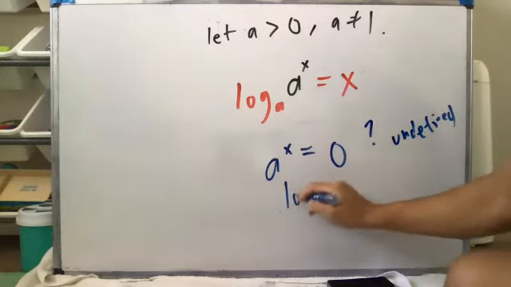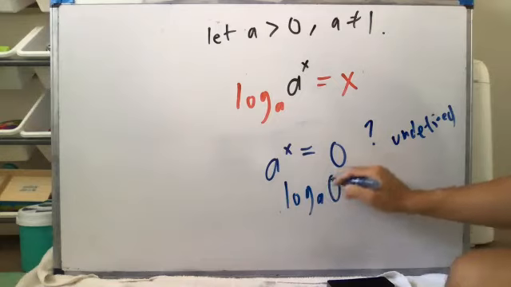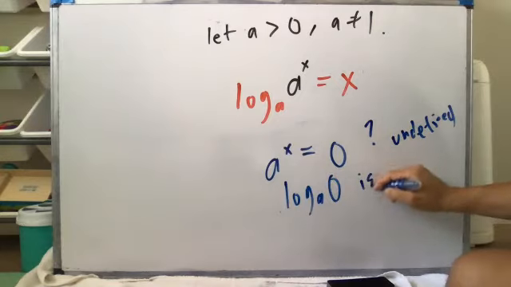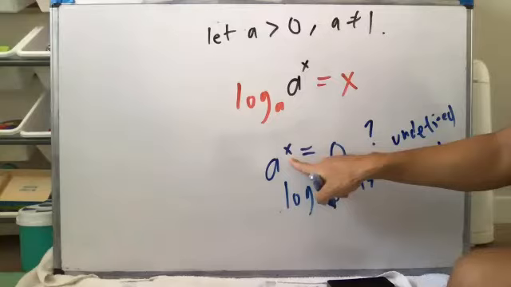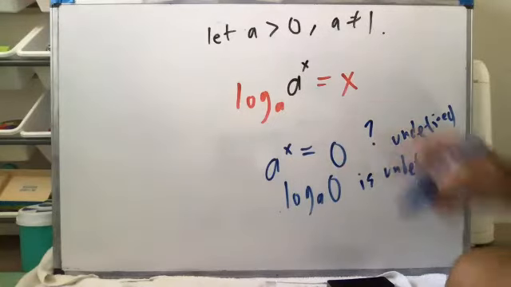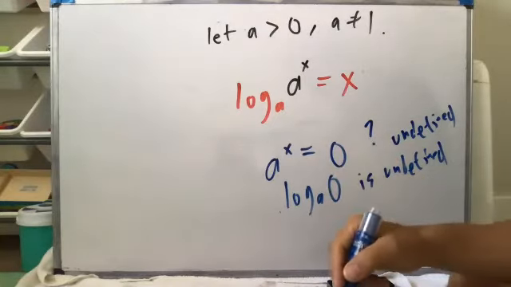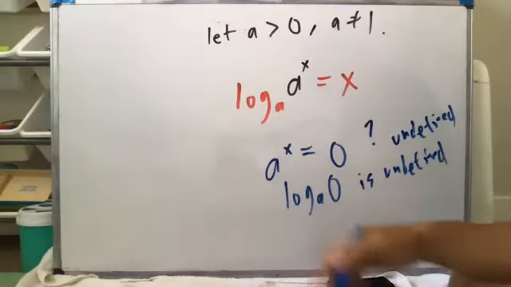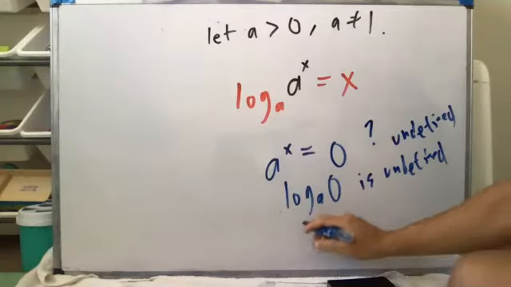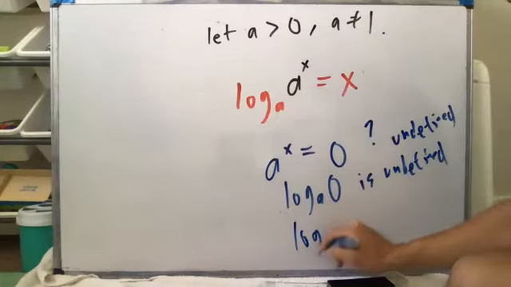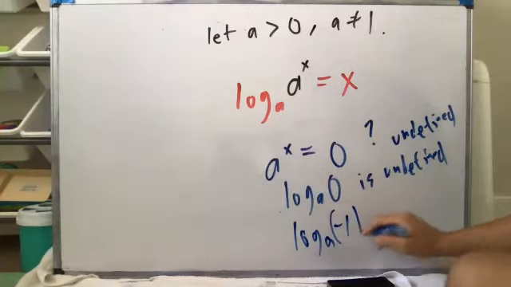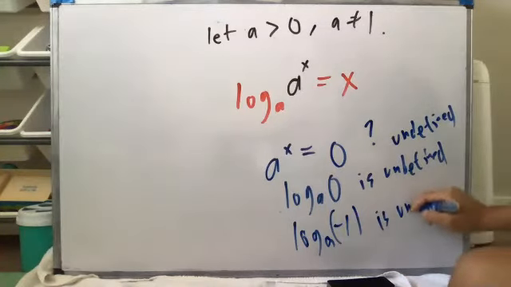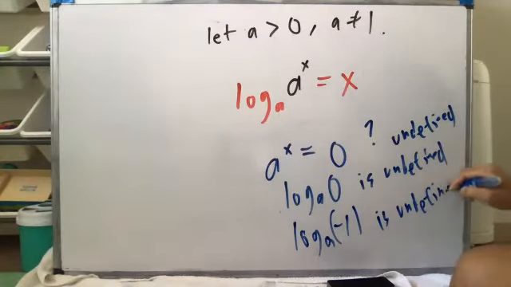Or let me be more specific. Log base a of 0 is undefined. There's no power I can raise a to that's going to give me exactly 0. I can get close to 0, with a big negative exponent, but not exactly 0. And similarly, I cannot get any negative number. So log base a of -1, for example, is also undefined. It's outside of the domain of log.